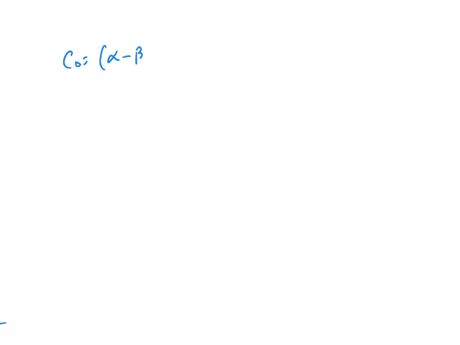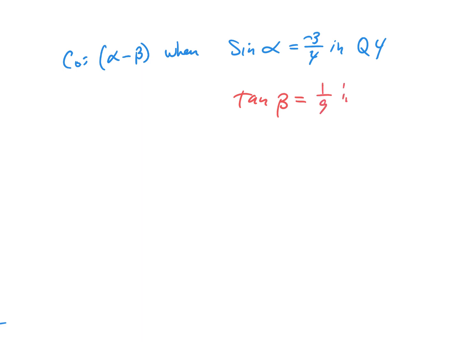Cosine of alpha minus beta when sine of alpha is negative 3/4 in quadrant 4 and tangent of beta is 1/9 in quadrant 3. This is that weird mix of some circle trig along with some identities. You'll have to look up that cosine of alpha minus beta off your sheet.